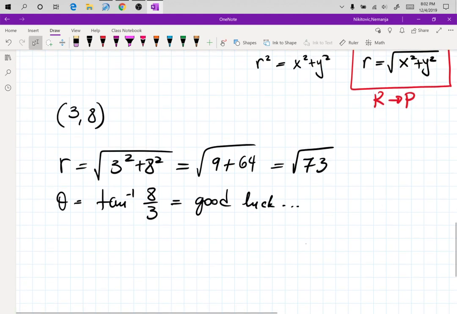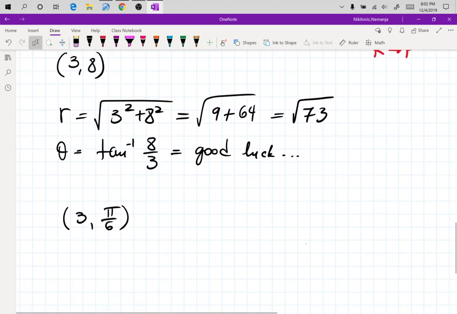Now, flip the coin and take something nice in polar, just like 3 and pi over 6. It's great. You know that you draw 3 and then 30 degrees up. It's very simple to deal with. And then you say, yeah, but I really like rectangular. Well, great, good luck. X is r cosine theta.